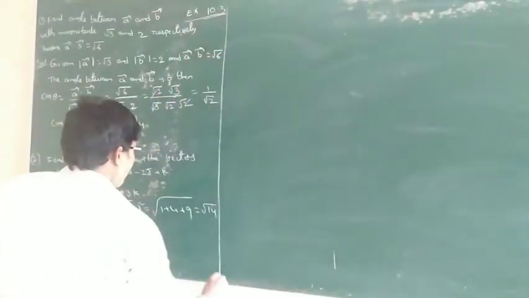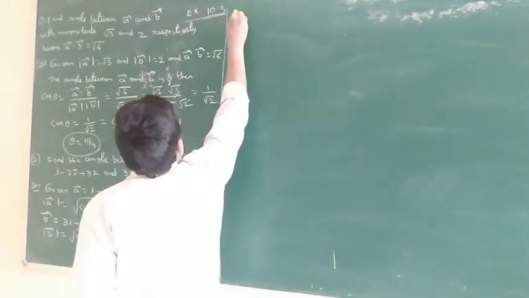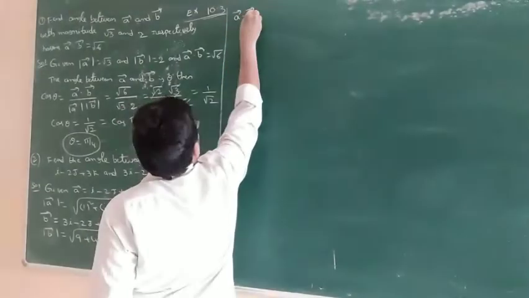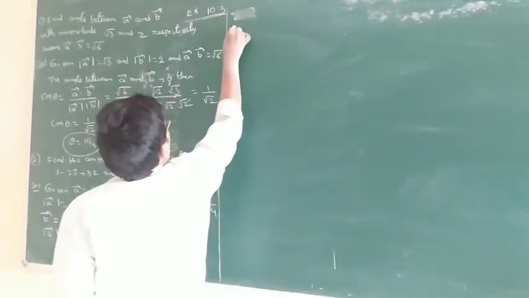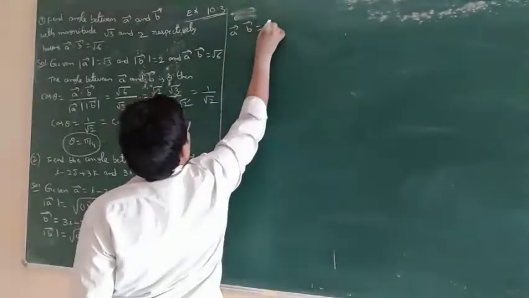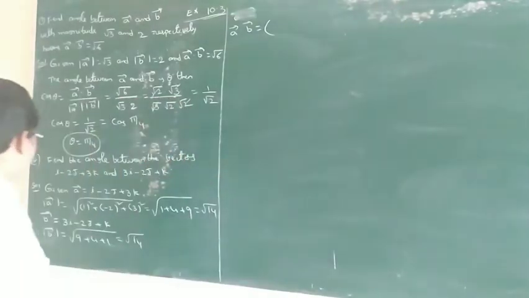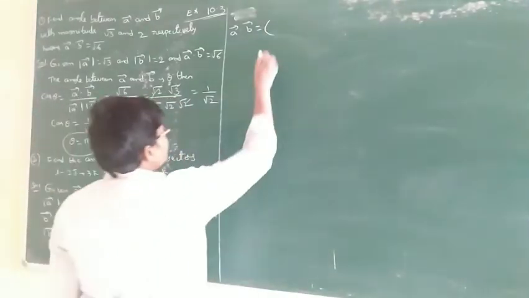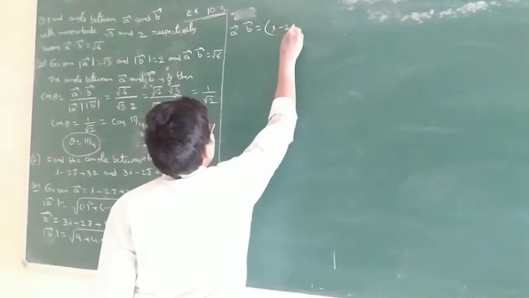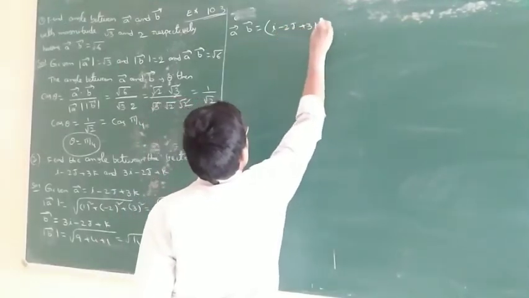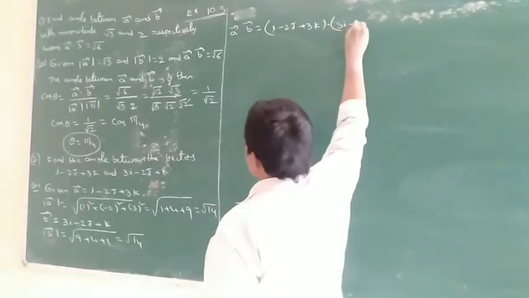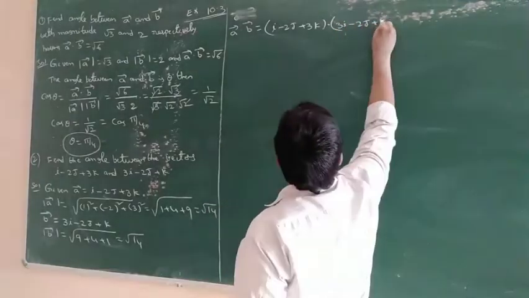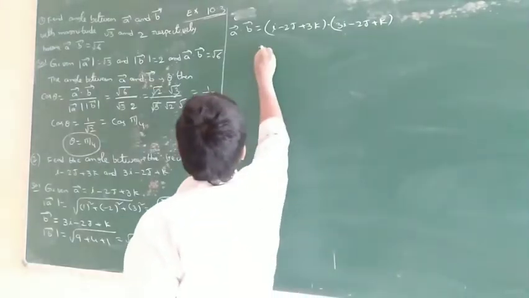Okay. Next, a bar dot b bar, where a bar is i minus 2j plus 3k and b bar is 3i minus 2j plus k. How do we find the dot product?